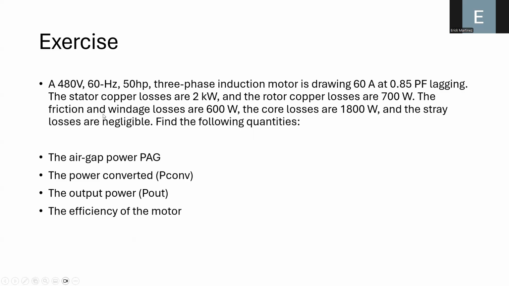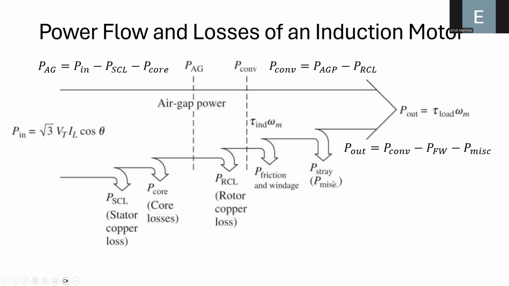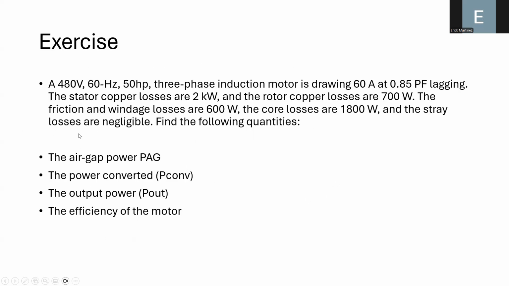The friction and windages losses are 600 watts and the core losses are 1,800 watts, and the stray losses are negligible. Remember that the stray losses are the miscellaneous losses, but we can consider them as negligible based on the information provided by the problem.